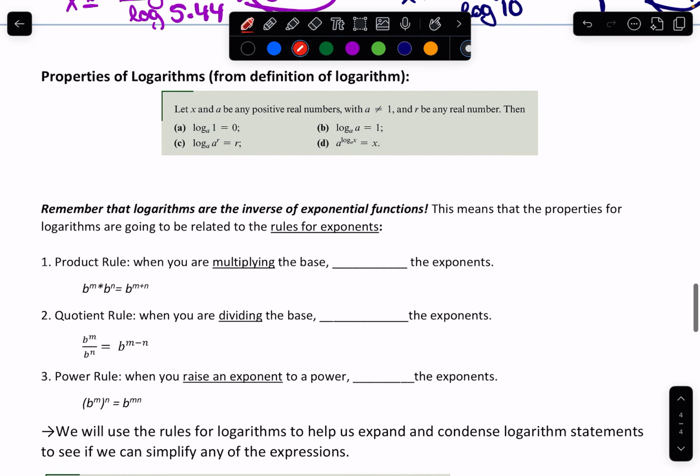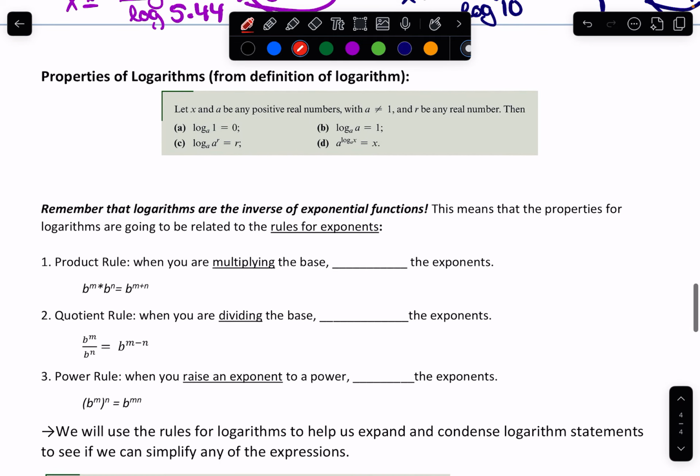So if we look at our a first, log with any base of 1 equals 0. So that means that, for example, log with base 8 of 1 equals 0, and that is because 8 to the power of 0 is always 1, right?